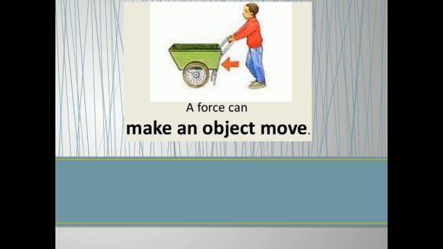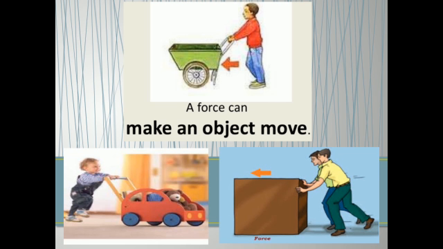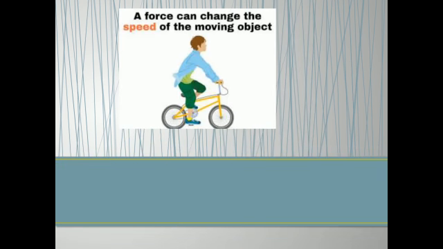When you pick up a glass of water, you make it move. So, when you apply a force, many things can move. So, force can make a stationary object move, and a force can change the speed of a moving object.